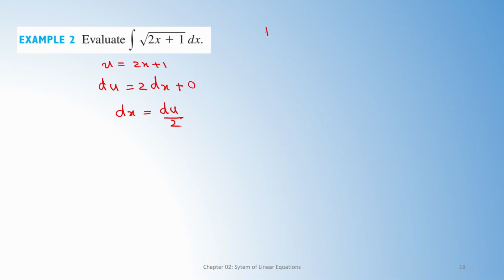Then the integration of square root of (2x plus 1) dx. Replace 2x plus 1 by u, square root u, and dx is du over 2.